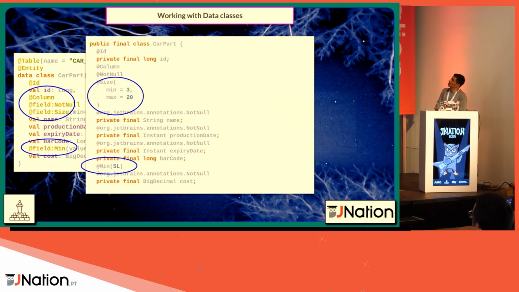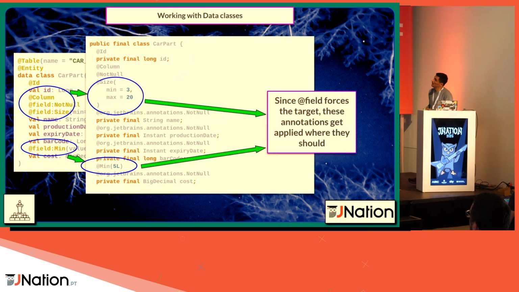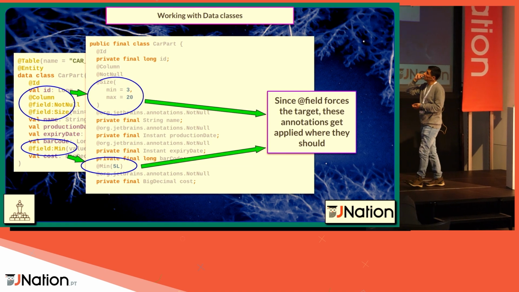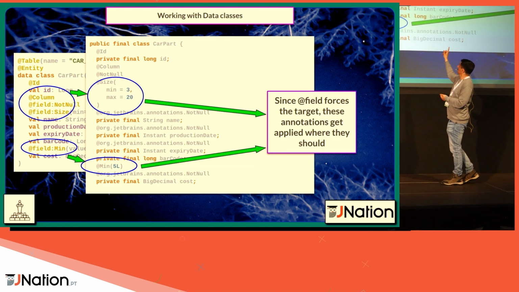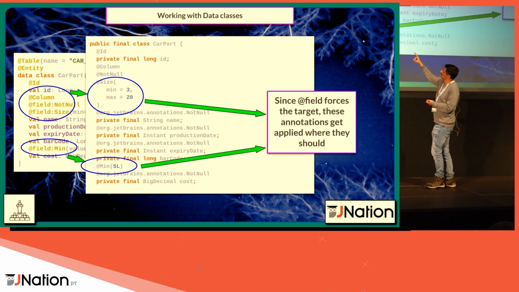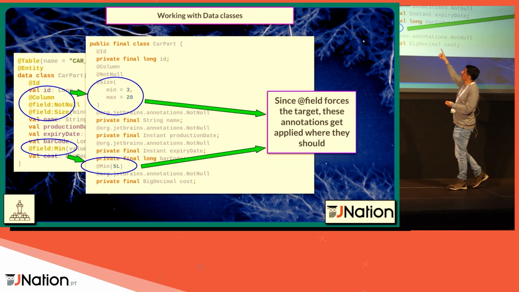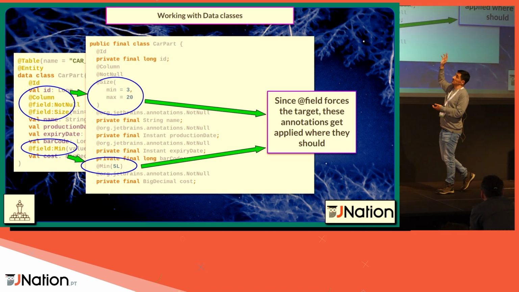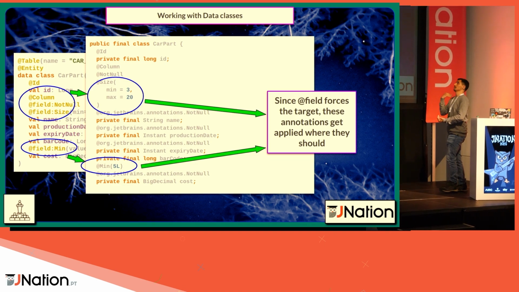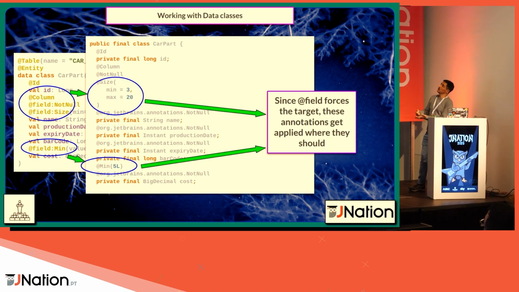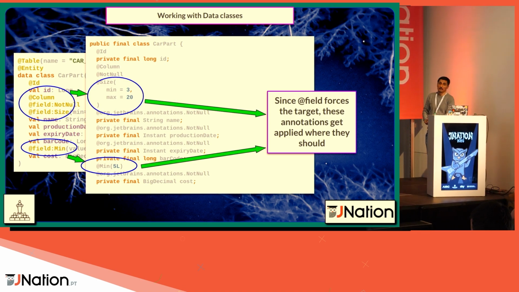And so this is what we see when we apply those rules. We see that because we apply field in min, it gets to the right place. For not null and size, the same thing. And for column it is not needed, because column has fewer of these targets, and so it falls perfectly in the rule where then it gets applied on the field.